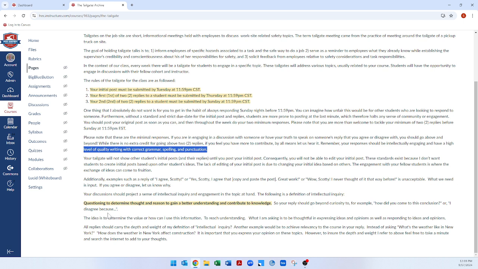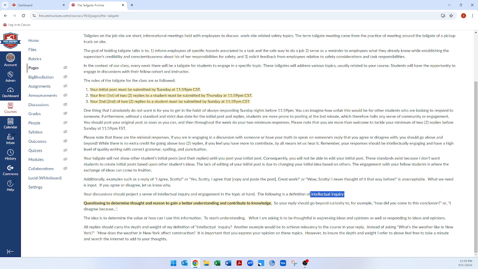What we're looking for is intellectual inquiry. If you don't know the definition of that, I advise you to look it up because it's what I'm going to be looking for in your post. All you got to do is just Google what is intellectual inquiry. I want you to do that as soon as you can because I want you to understand that.